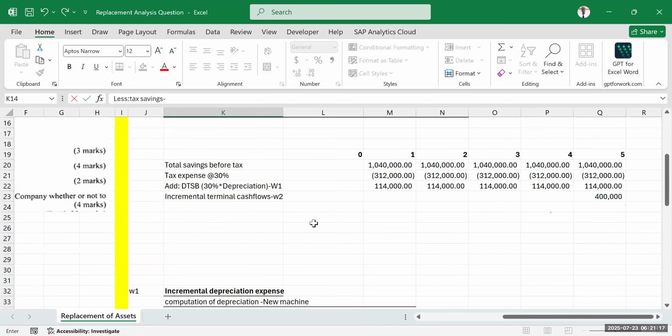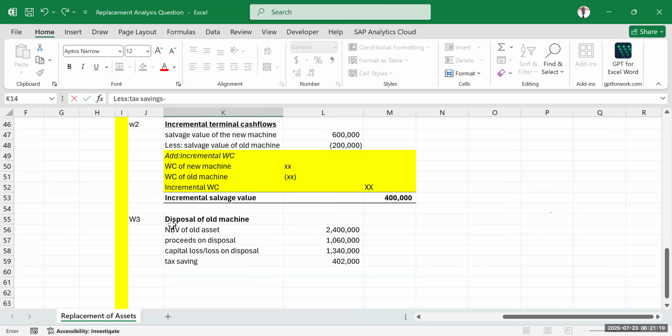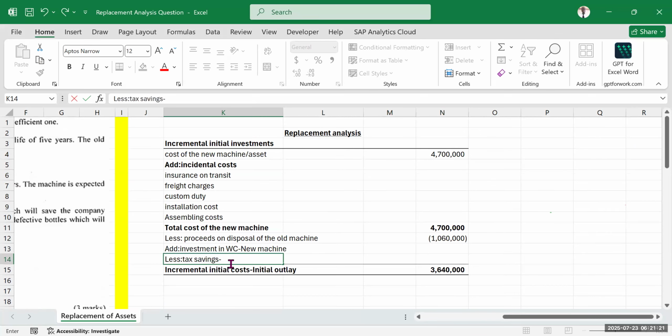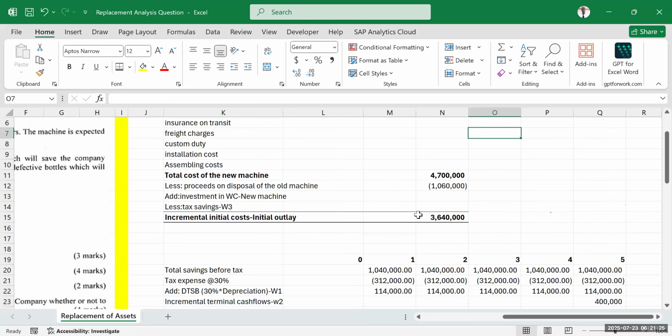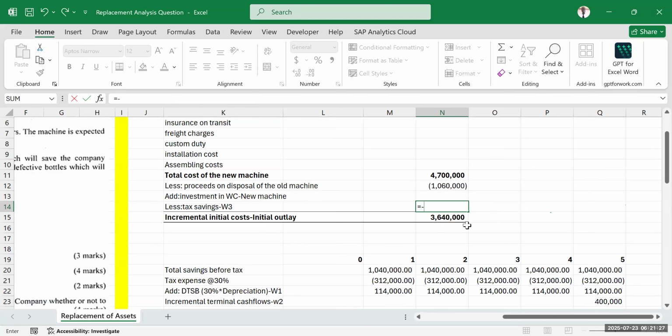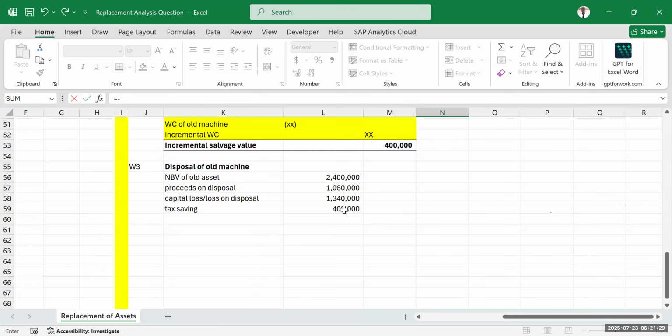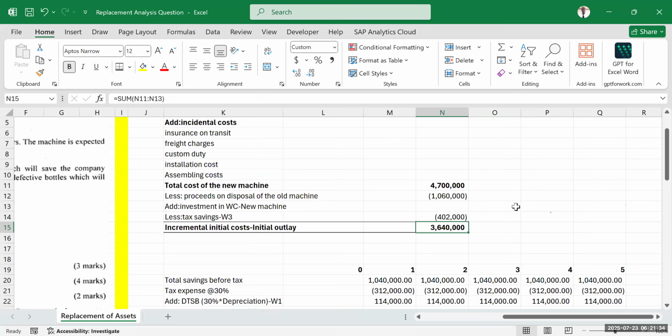And we've done that tax savings where? We've done it in working 3. So I just want to refer to working 3 so that you can see where we are getting that figure from. And the tax saving that we are lessing, that 402, I'm bringing that tax saving and lessing it from our costs. Are we adding it or are we lessing it? We are saving.